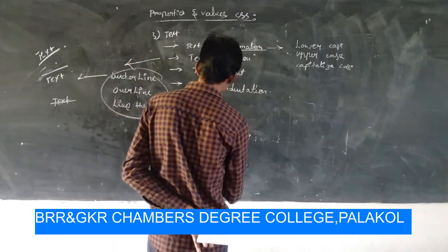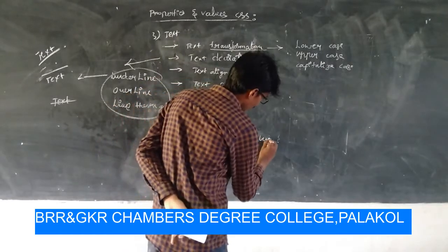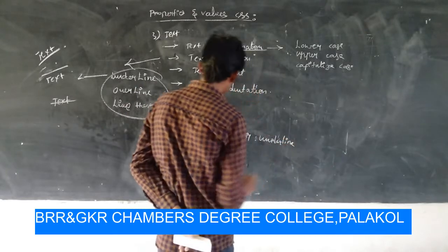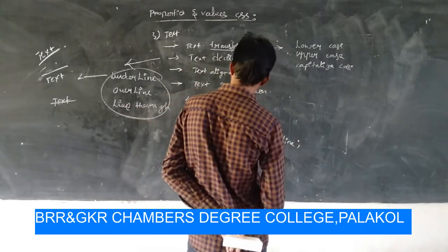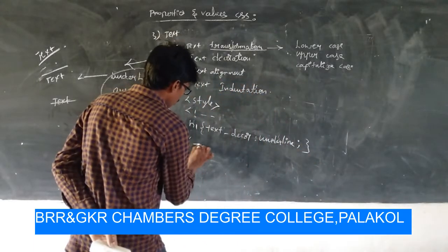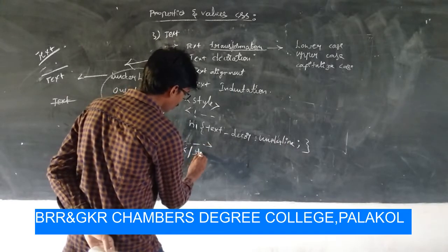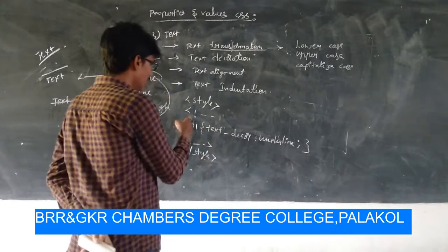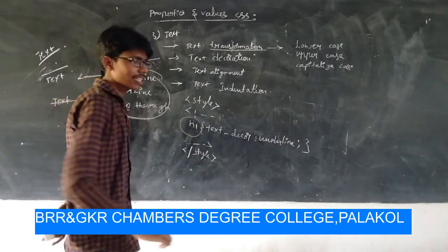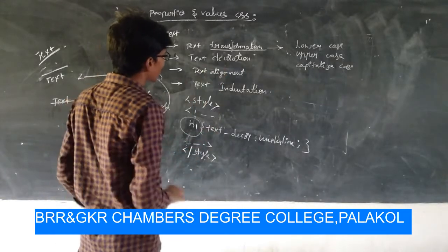For example, if you want this heading with underline, the value is underline. After that, end with the semicolon, then close the curly brace. Automatically it applies the value you mentioned in the style part to what you mentioned in the body. This is about text decoration.